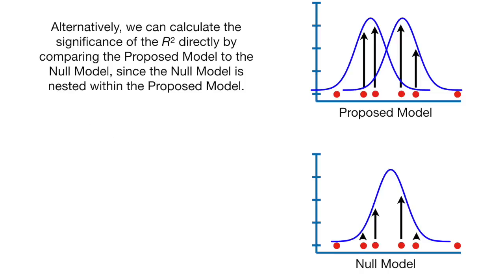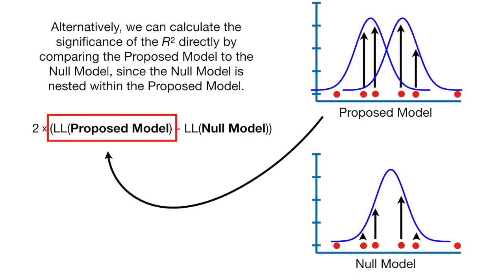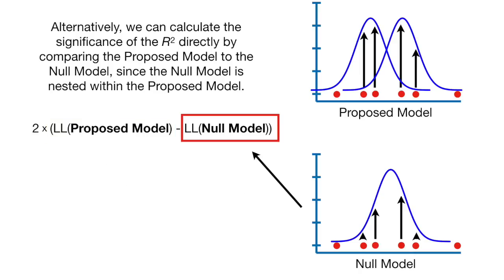Alternatively, we can calculate the significance of the r squared directly by comparing the proposed model to the null model, since the null model is nested within the proposed model. The formula is simply 2 times the difference between the log likelihood of the proposed model and the log likelihood of the null model.